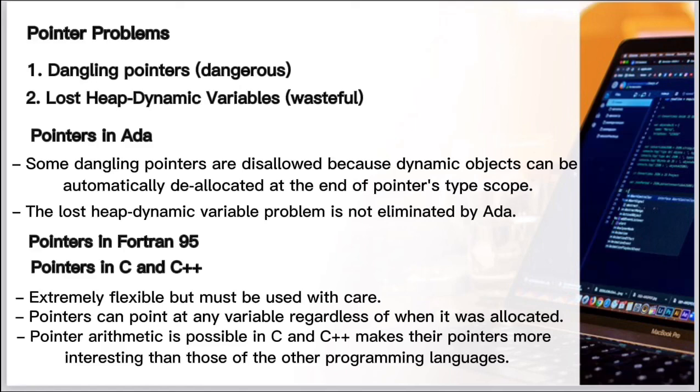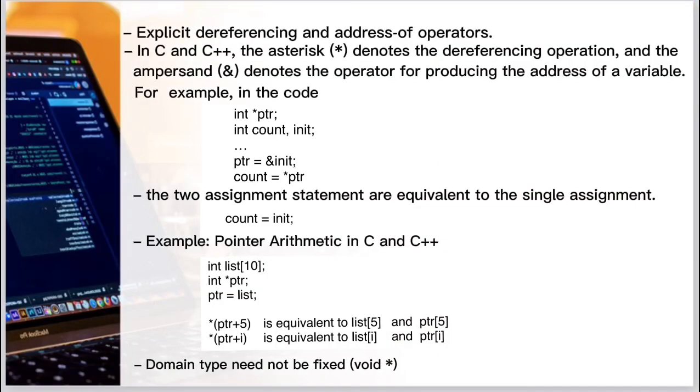Unlike the pointers of Ada, which can only point into the heap, C and C++ pointers can point at virtually any variable anywhere in memory. Explicit dereferencing and address-of operators: in C and C++, the asterisk denotes the dereferencing operator and the ampersand denotes the operator for producing the address of a variable.